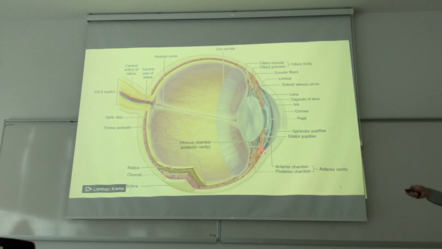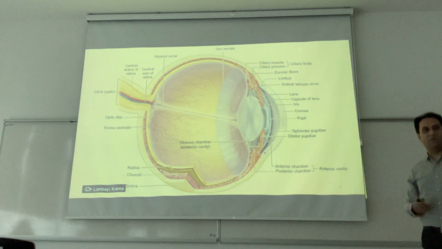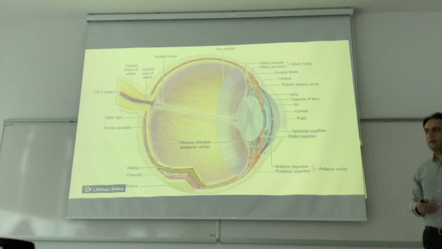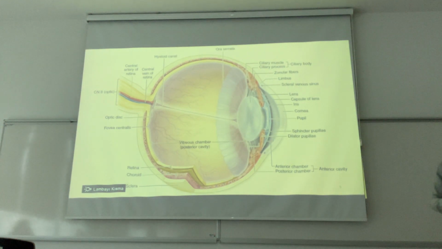In the iridocorneal angle, on the inner side of the limbus, we have some channels. These channels are known as the Schlemm channels. The fluid goes to the Schlemm channel and is then connected with the venous circulation and goes to the venous structure. Okay?